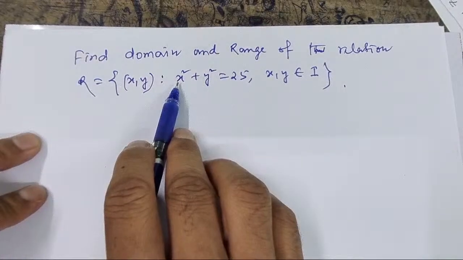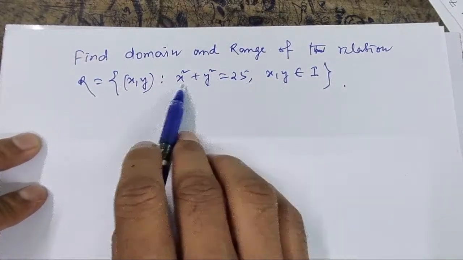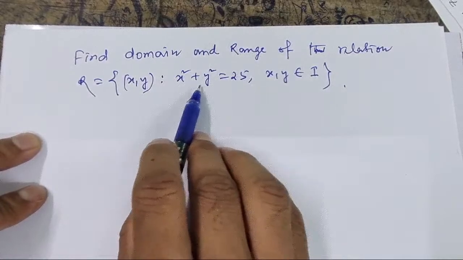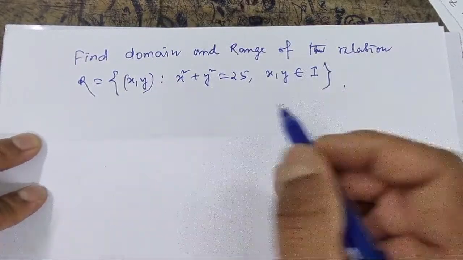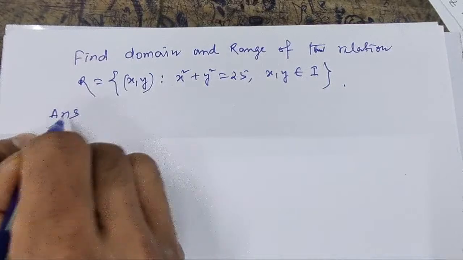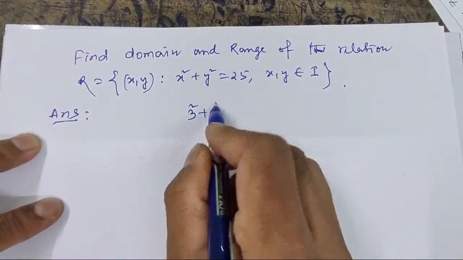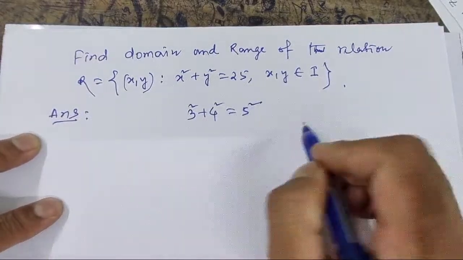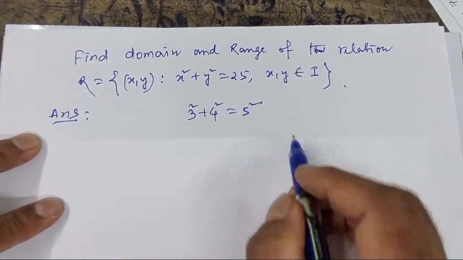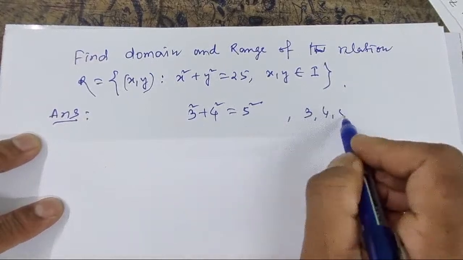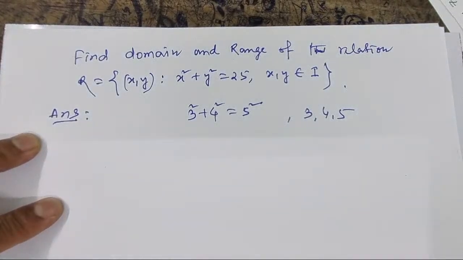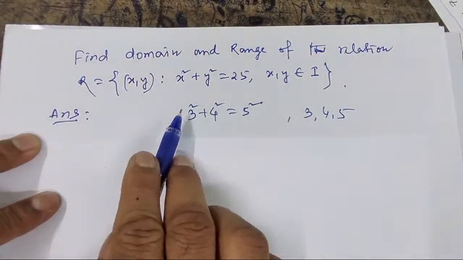Here, x square plus y square is 25, and if we take the Pythagorean triplet, we know that 3 square plus 4 square equals 5 square, as the Pythagorean triplet is 3, 4 and 5.